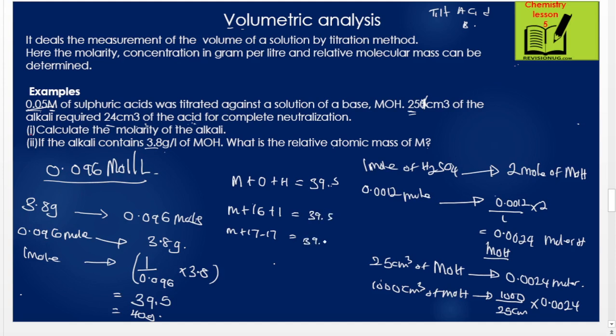So M plus 17 equals 39.5, so M is 39.5 minus 17, and the answer becomes 22.5, which is roughly 23. So that is the relative atomic mass for our substance M. My dear learner, are we still together?